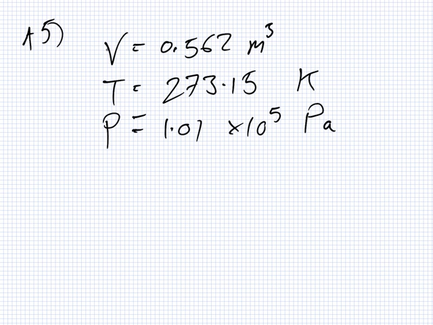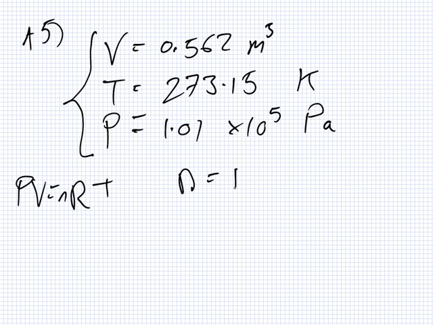So I'm just going to use this information here to get the N. PV equals nRT. So the N, how many moles, will be PV over RT. So for this one, it's P times V over R, 8.31. It's the ideal gas law constant. So here we have 25 moles.